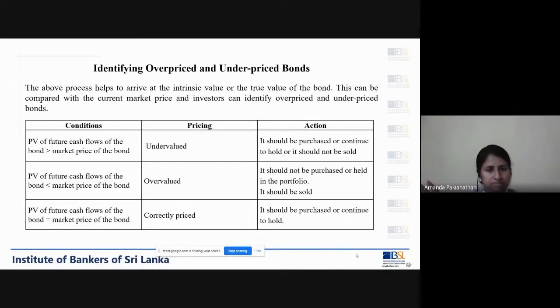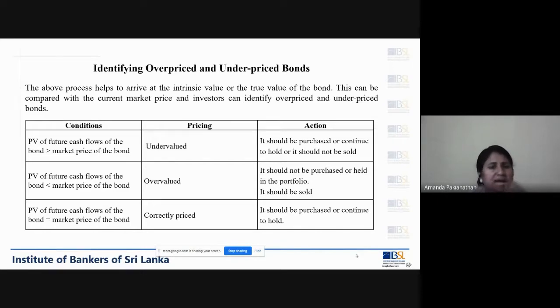Now, what am I going to do by knowing the intrinsic value of the bond? I can now figure out whether this particular bond, which has a true value of, let's say, 100 rupees, is actually worth only 100 rupees.